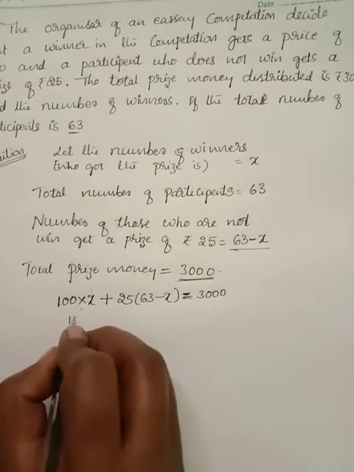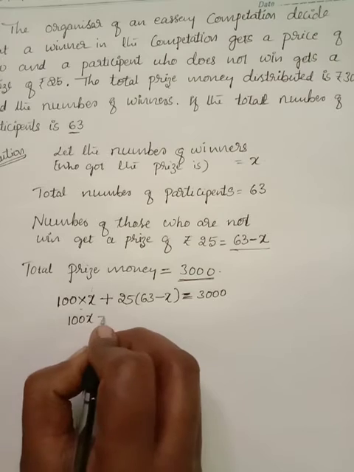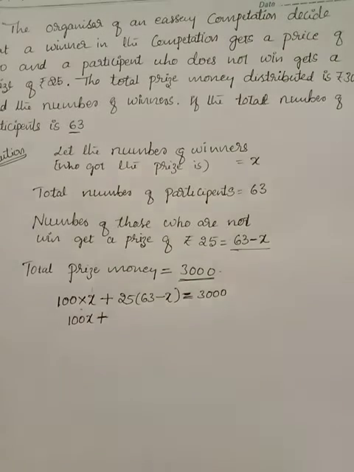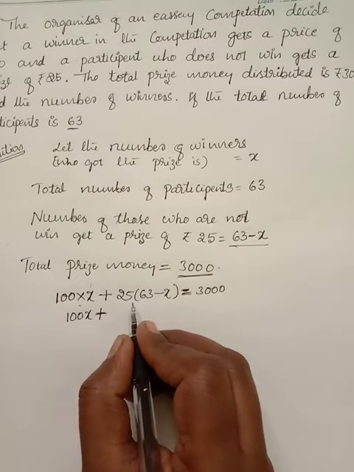100 into x is 100x plus 25 into 63, you multiply it, 25 and 63 is how much? Take a rough work side and simply multiply it. I have already multiplied, it comes to 1575.